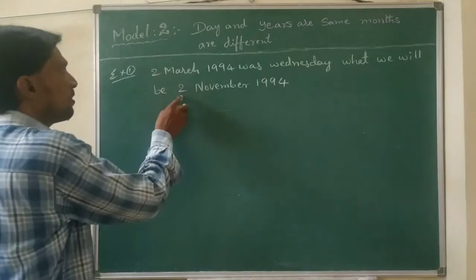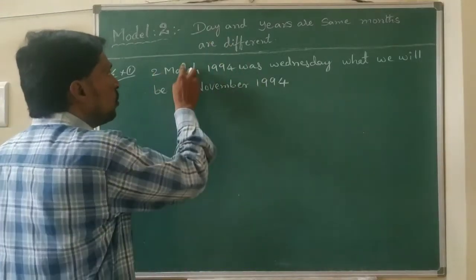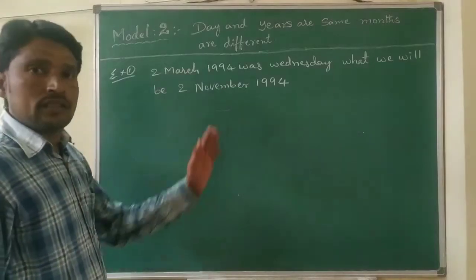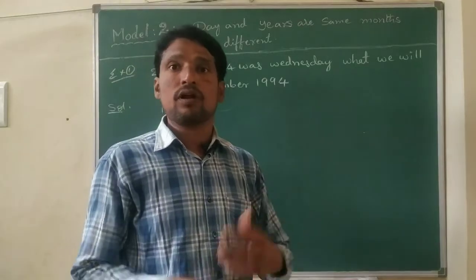The date is 2nd and the year is 1994 also, only the months differ. So here, from 2nd March, we need to find every month's number of odd days.